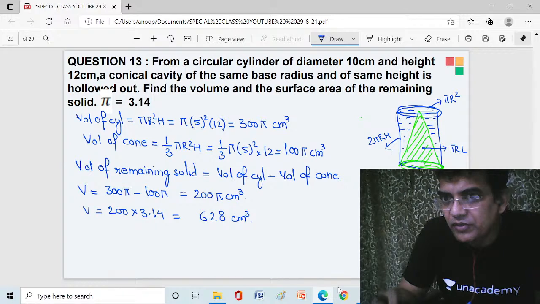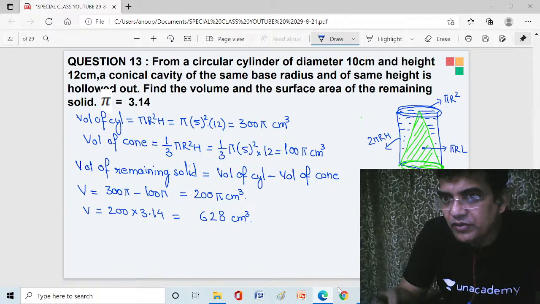Now before solving, remember you can take common. So you can take pi r common from here. So I'm taking pi r common, it is 2h plus r plus l. Now let's substitute the values, and in the last I will substitute the value for pi.